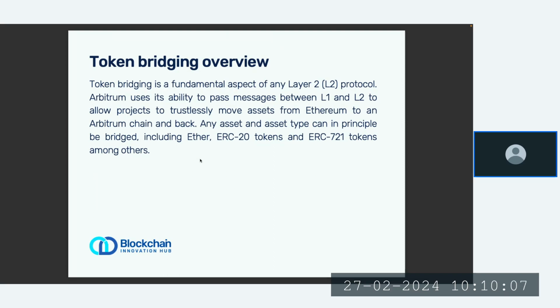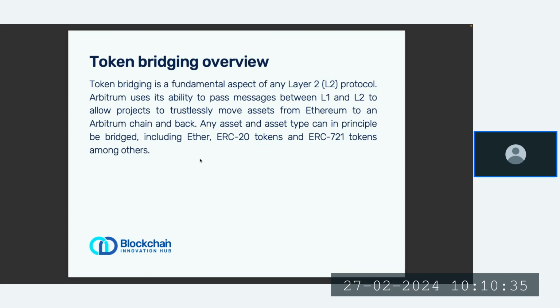So Arbitrum makes use of these messages to move assets from Ethereum to the Arbitrum chain and back. So you need to understand messaging. Tomorrow's class is all about Arbitrum messaging from L1 to L2 and L2 to L1. But we need to have that fundamental understanding that Arbitrum uses its ability to pass messages so it can move assets.